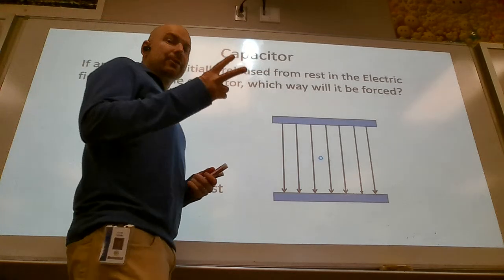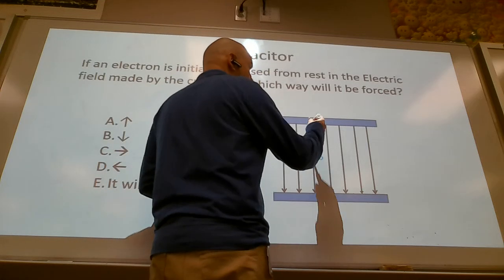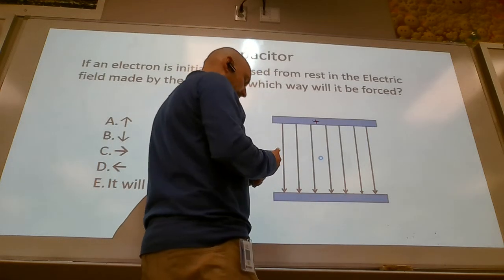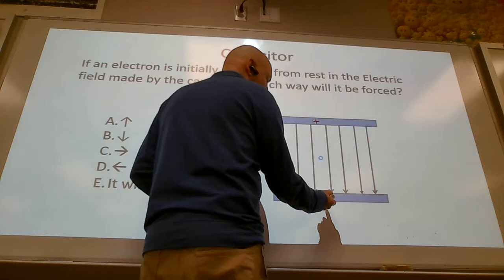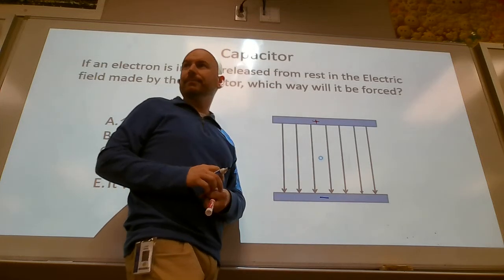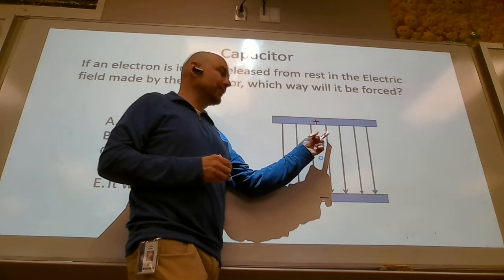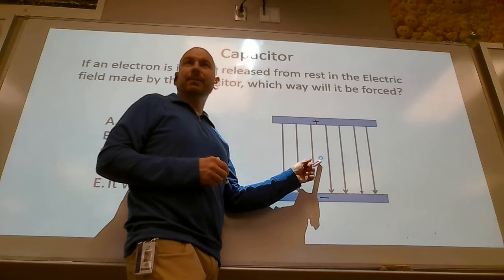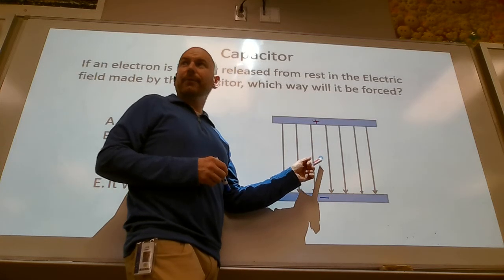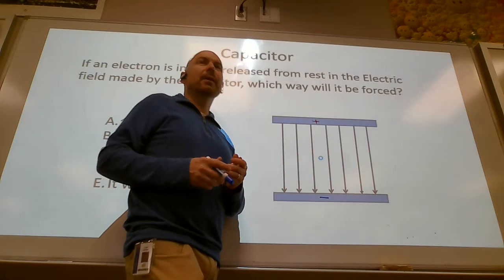So you could answer this two different ways. One way is to recognize that this is positively charged and this is negatively charged, and an electron is going to be attracted to the positive or repelled by the negative. Or you could say, check it out, the electric field's going down, it's a negatively charged object in the electric field, therefore it experiences a force in the opposite direction of the electric field.